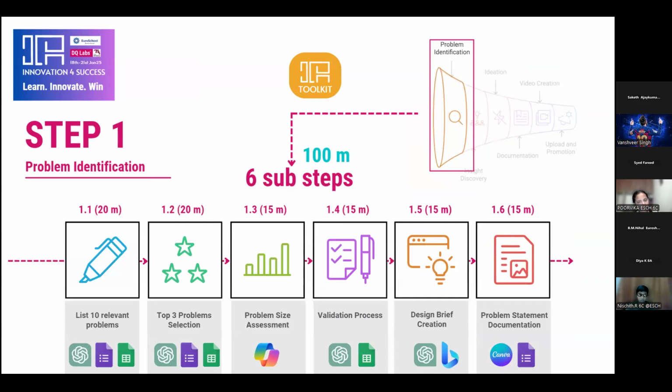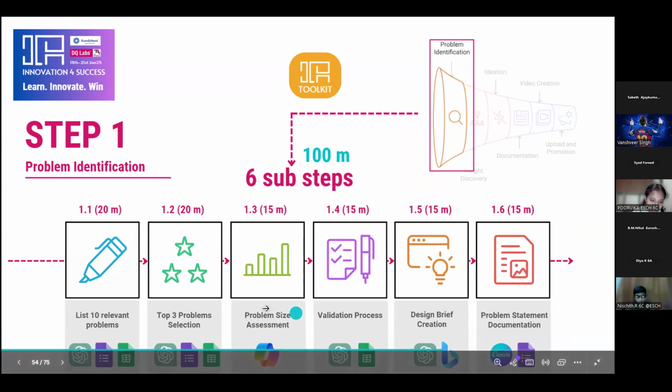You would have to look at larger audiences and see how your problem can be solved to affect a large group of people. To look at the problem size, you will have to collect some data, and you will be doing that using Bing Copilot.